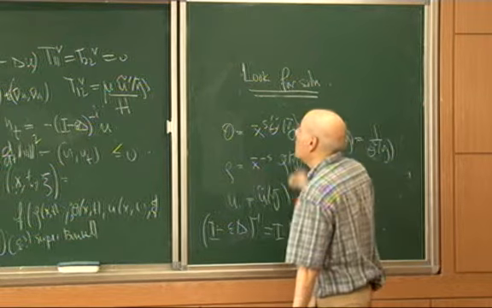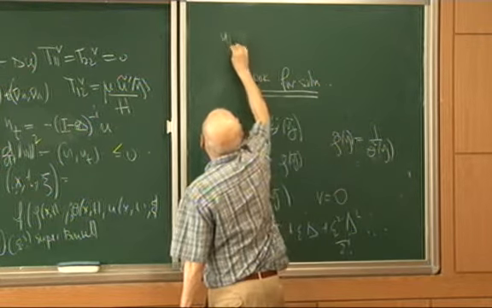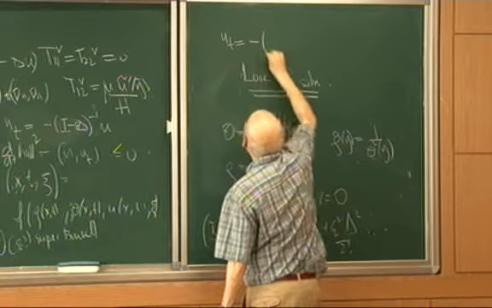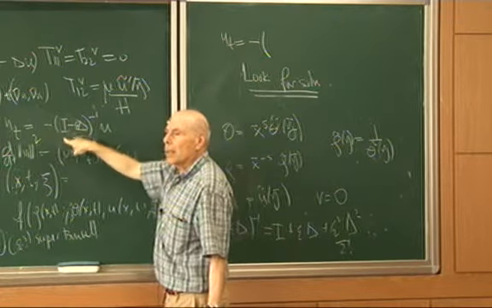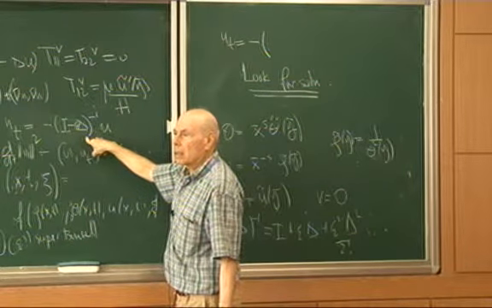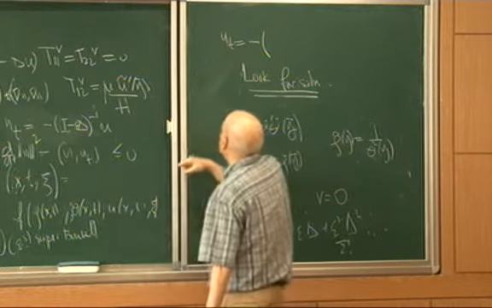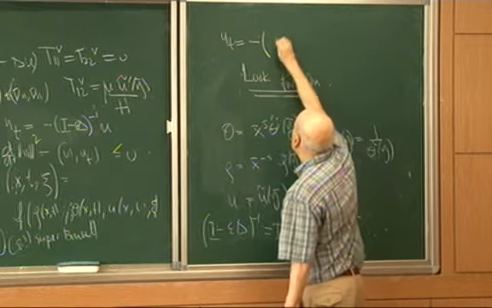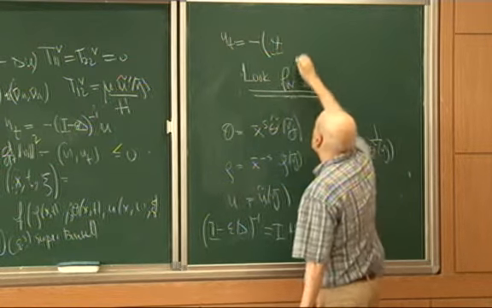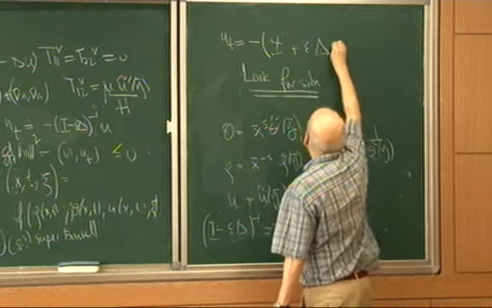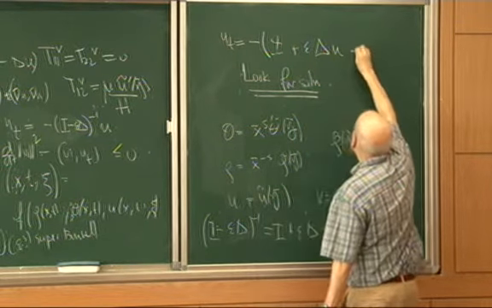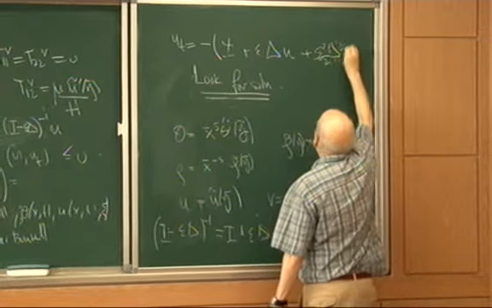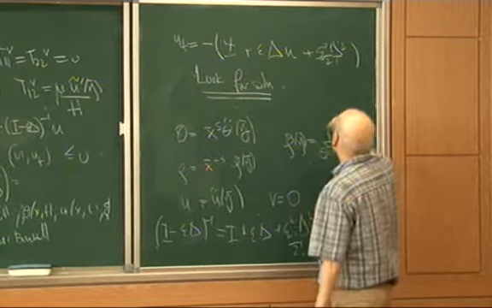So if you believe it, they would say, okay, what does the problem look like? It looks like minus the inverse of I minus epsilon Laplacian, times u. What did the binomial theorem say? I plus, and so on, times u.